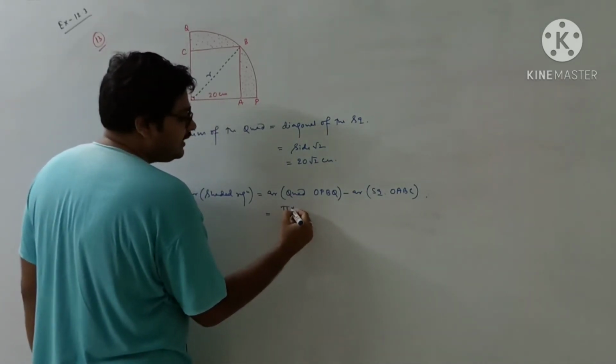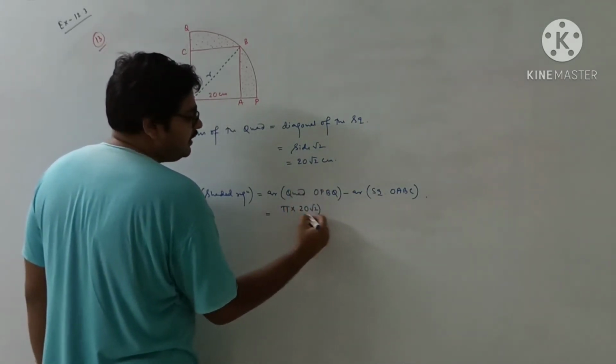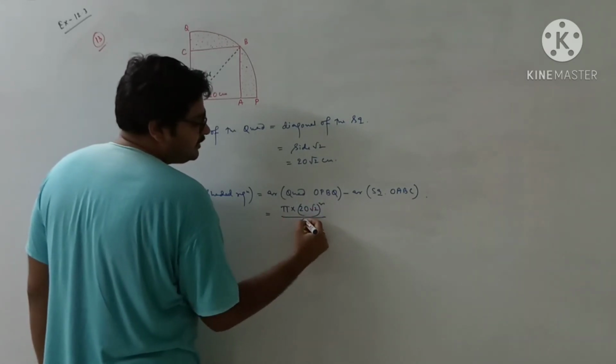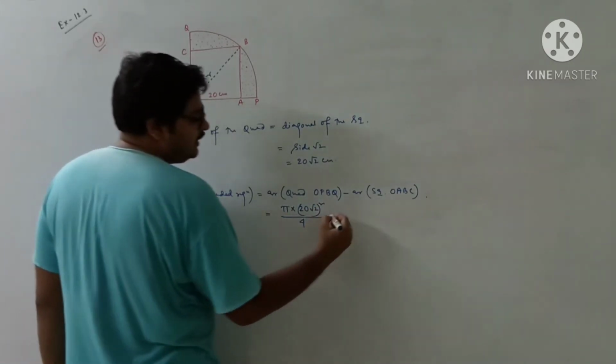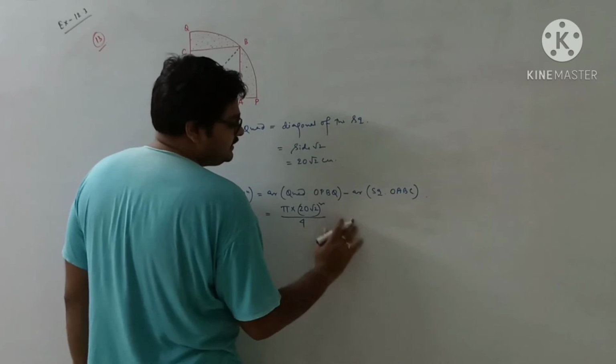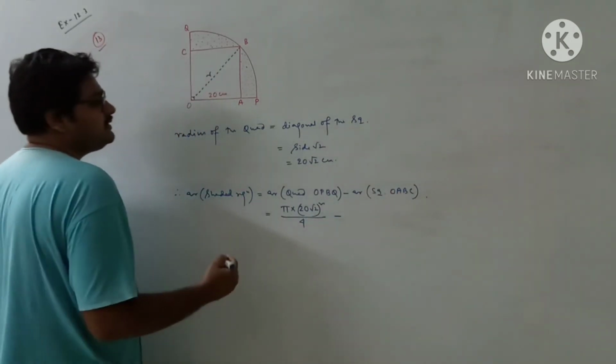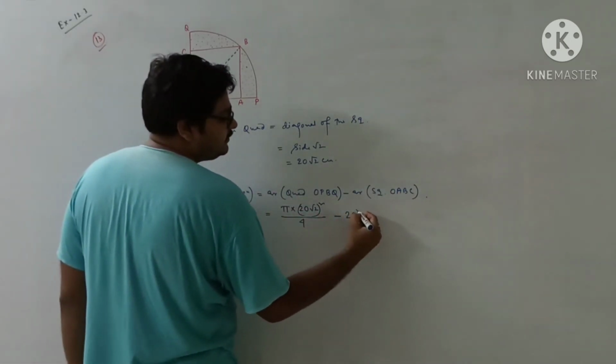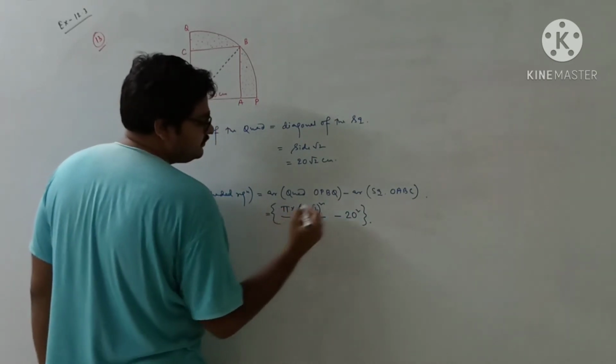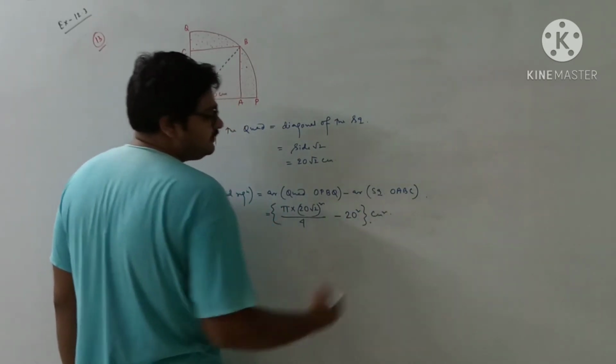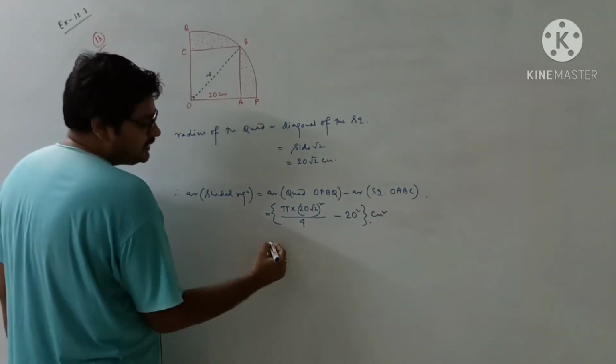Pi r square is pi into 20 root 2 whole square, by 4, this much centimeter square, minus area of the square, square area is side square, centimeter square. Now we are just calculating.